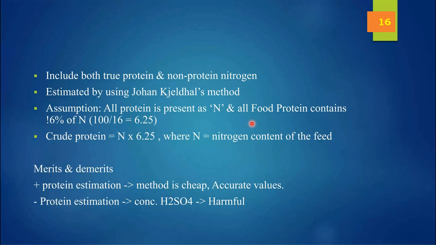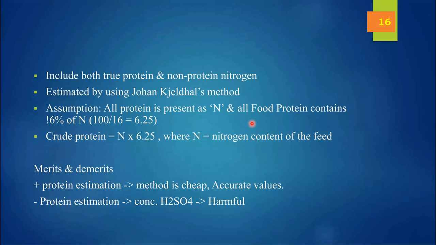So what are the merits and demerits of this method? Protein estimation is a cheap method. The analytical equipment does not cost much when compared to other equipment. Then of course it is accurate when compared to the other types of estimations.